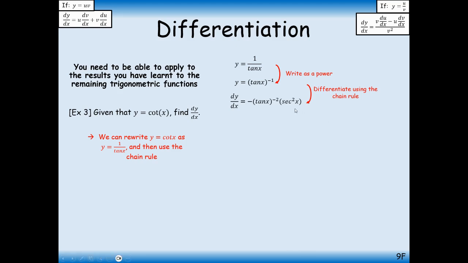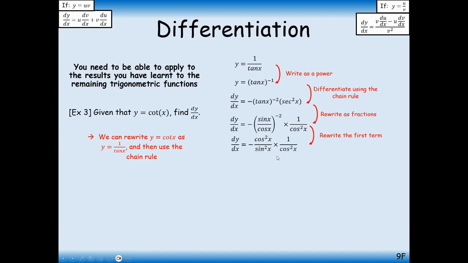So here we can rewrite this neatly as this expression here. Now, the negative sign here means that we can rewrite that as cos over sine to the power of 2, and that sec square on the top will cancel away this sec square in the denominator.